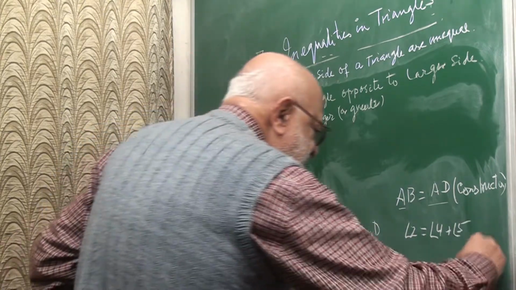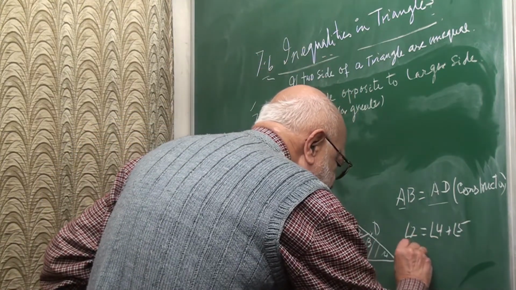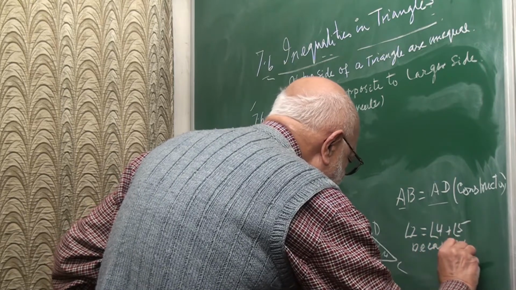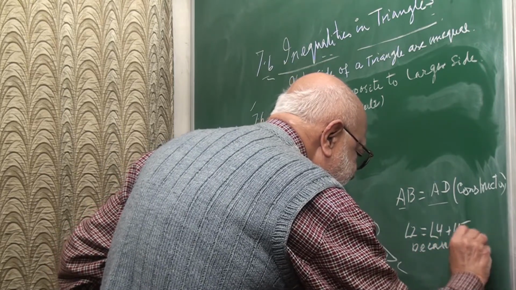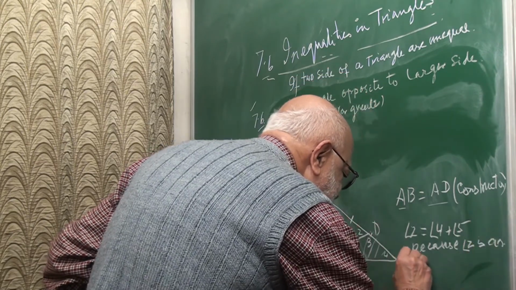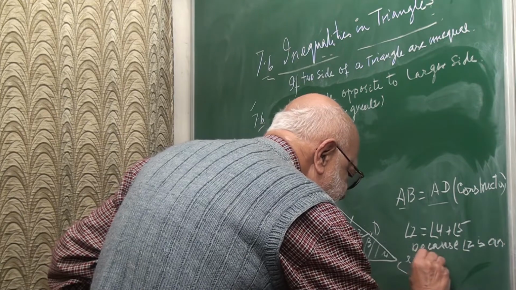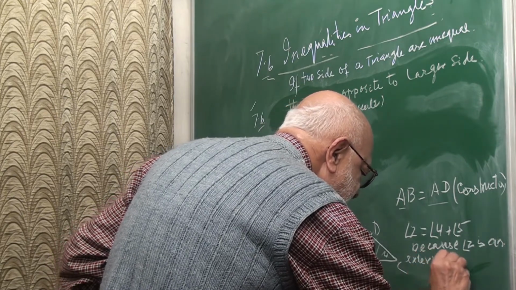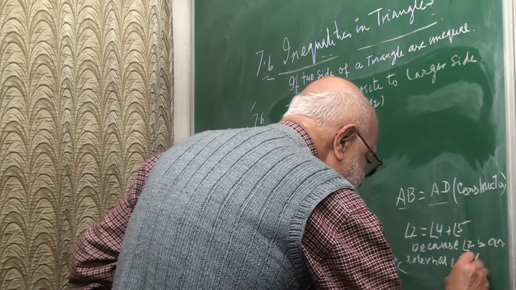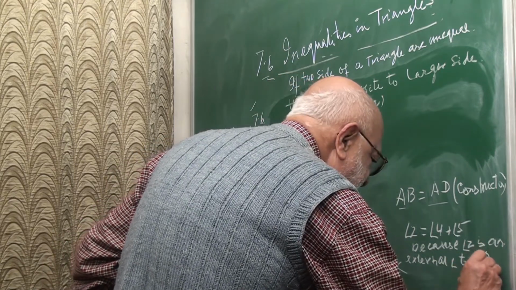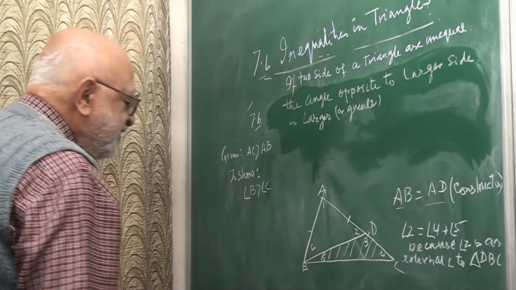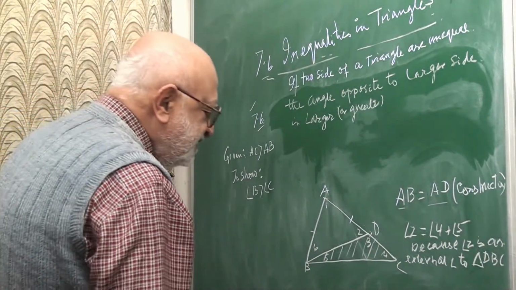This is because angle 2 is an external angle of triangle DBC.